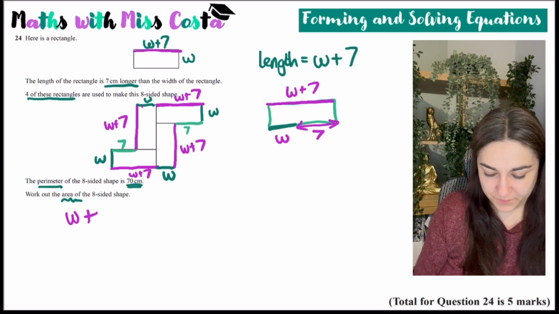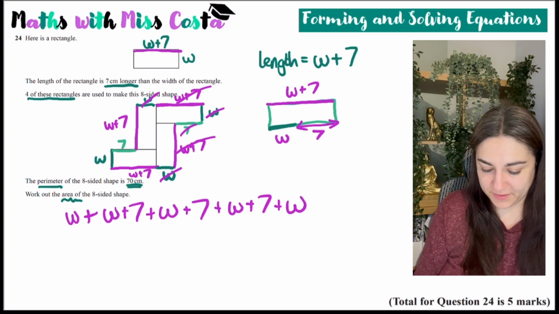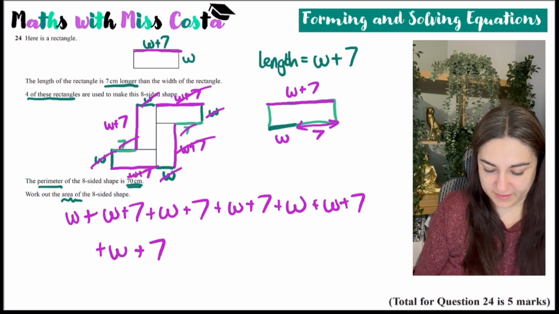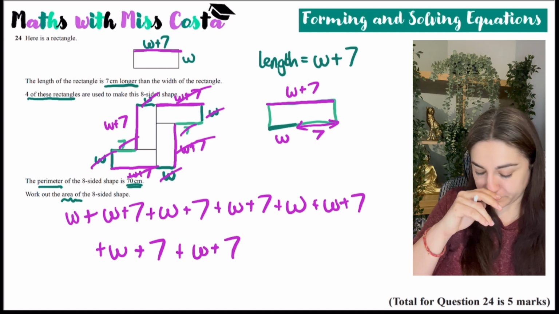So I've got w plus w plus 7 plus w plus 7 plus w plus 7 plus w plus w plus 7 plus w plus 7 plus w plus 7.